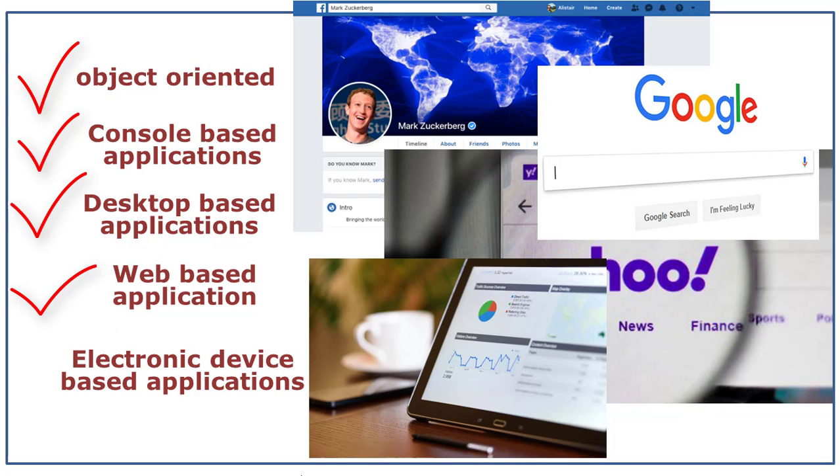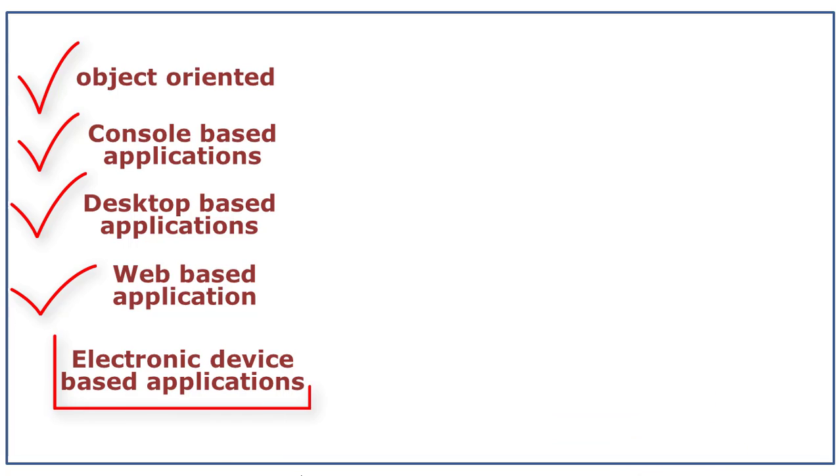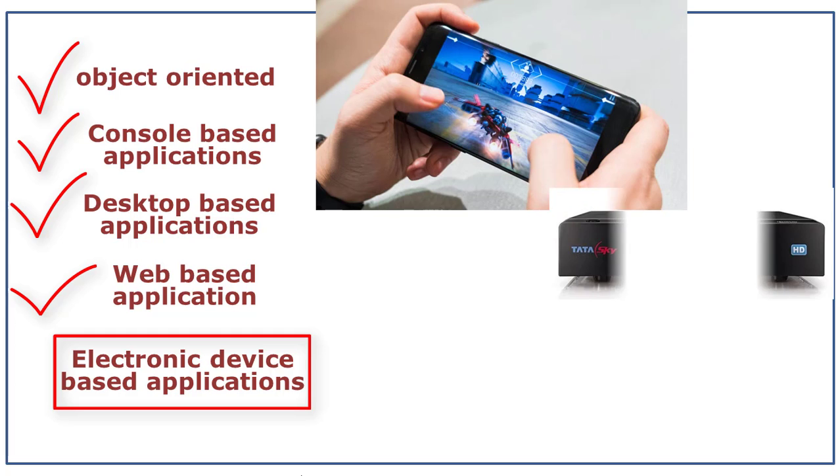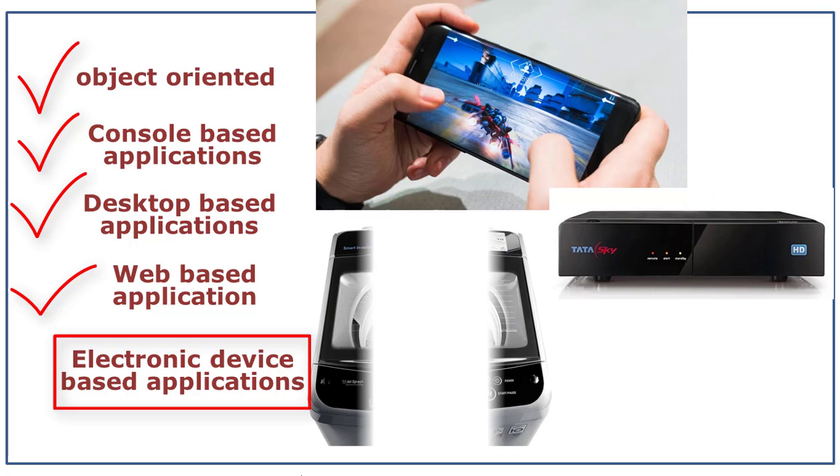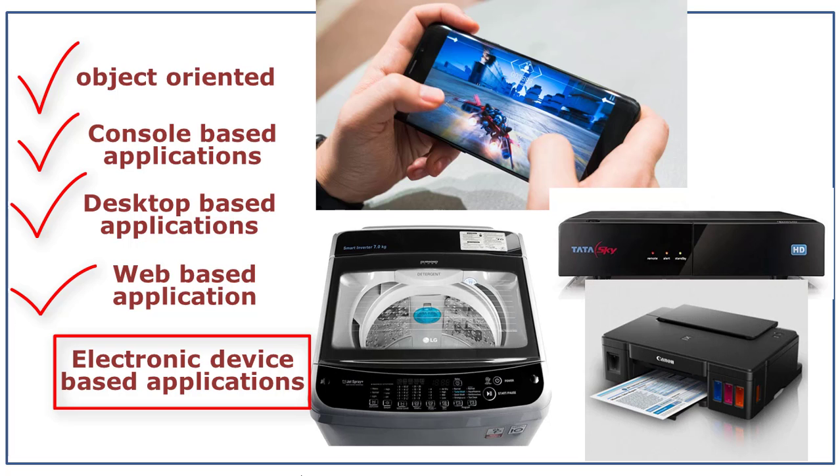And then what are the electronic device applications? The electronic device applications mean the applications on which our electronic devices run, like the mobile games, D2H set-top box, washing machines, printers. There is coding involved in making all of these devices run, and that code can be written in Java.